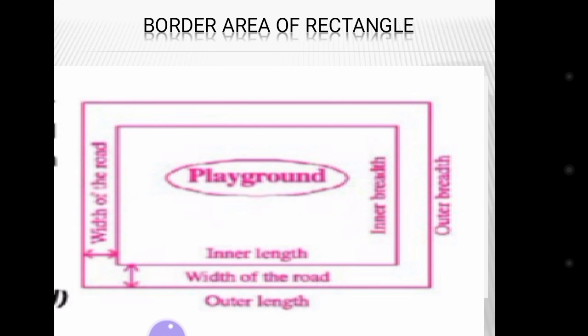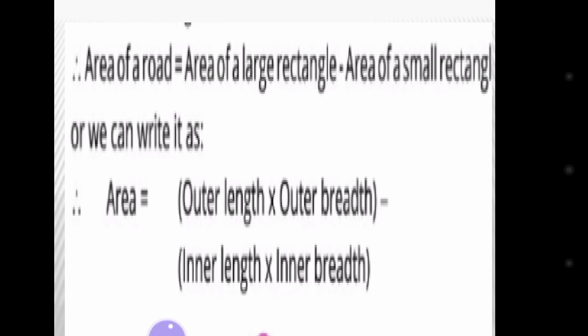We can write it as: area of a road is equal to area of a large rectangle minus area of a small rectangle, where the area of a large rectangle means outer length multiplied by outer breadth.